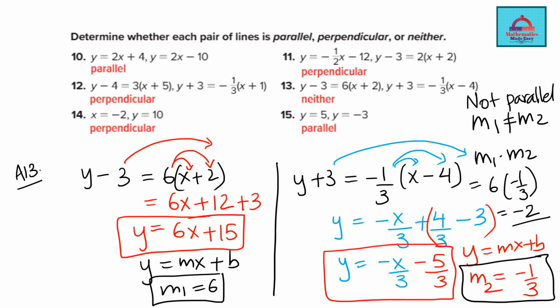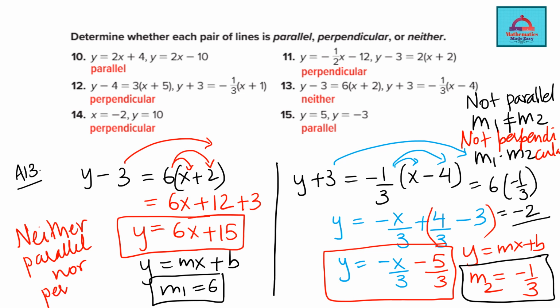So if they are not parallel and not perpendicular, means they don't fall in any of the categories. So the answer is going to be neither parallel nor perpendicular. Okay, so that is why question 13 is neither.